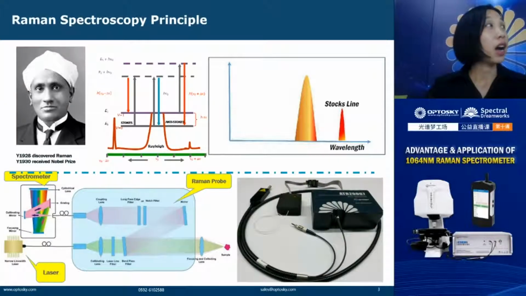First of all, we are going to introduce the Raman spectroscopy principle. You can see this one is Raman. In 1928, he discovered the Raman phenomenon, and 2 years later, in 1930, he received a Nobel Prize for this discovery.